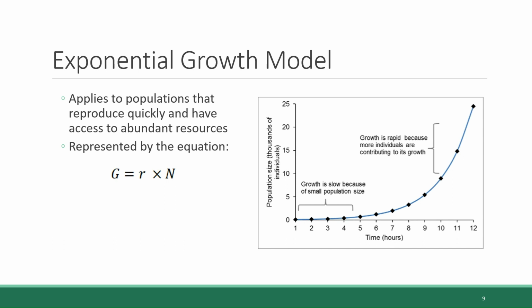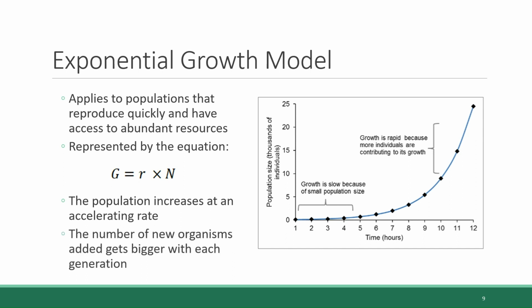So overall, what this equation is saying is that if you take the population size, N, and you multiply it by how much each individual contributes to the next generation, R, then you get the growth rate. And a key point in the exponential growth model is that the population increases at an accelerating rate, meaning that the number of new organisms added to the population gets bigger with each generation.